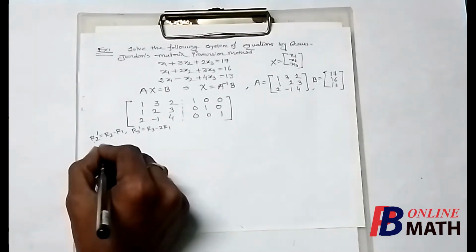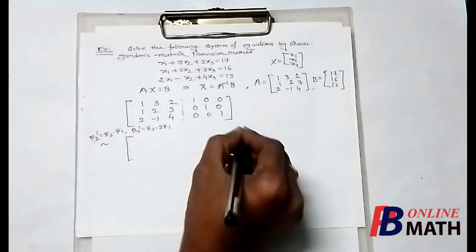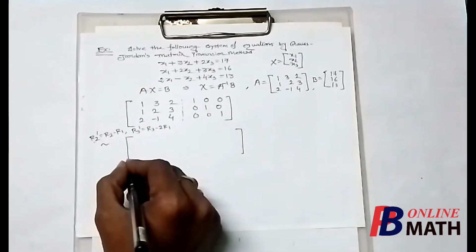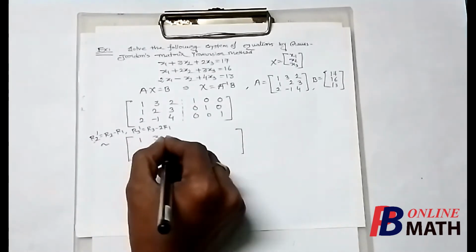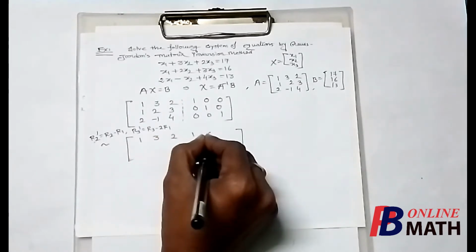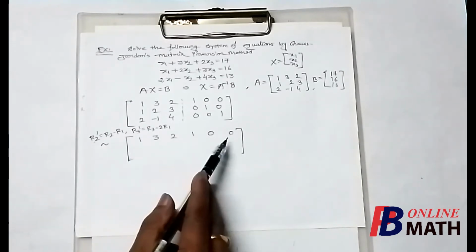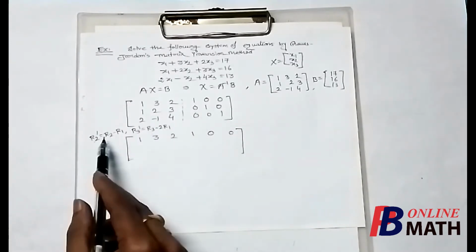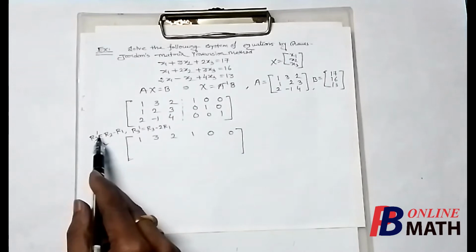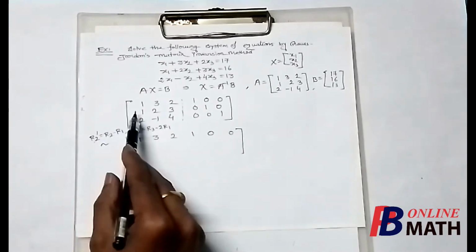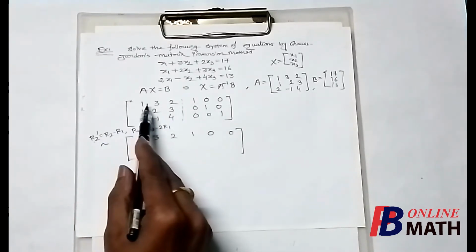So we first write this matrix. We keep the first row unchanged. Now in the second row we apply this operation, R2 dash equal to R2 minus R1. That means the second row minus the first row.